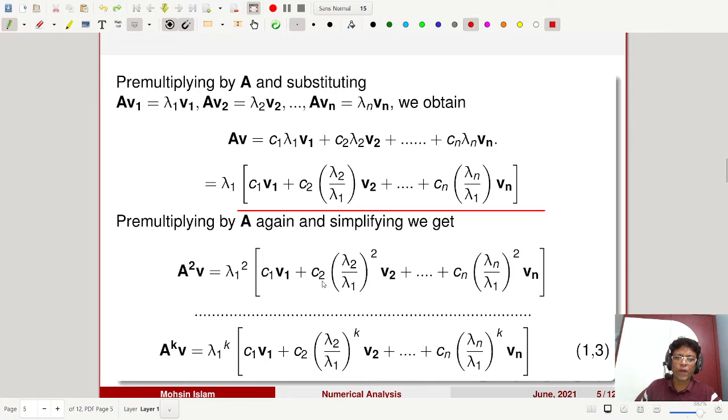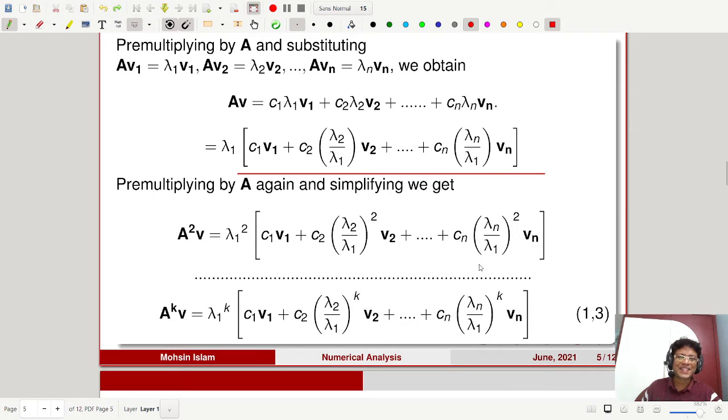So lambda 1 squared times, lambda 2 by lambda 1 whole squared, v2 vector, etc., cn lambda n over lambda 1 whole squared, vn. Again you are multiplying with A, and continue with the process, and so on.